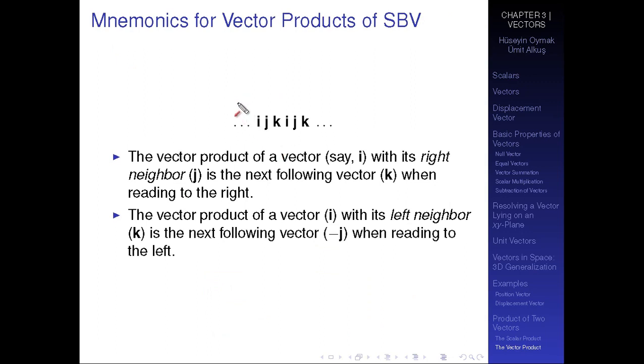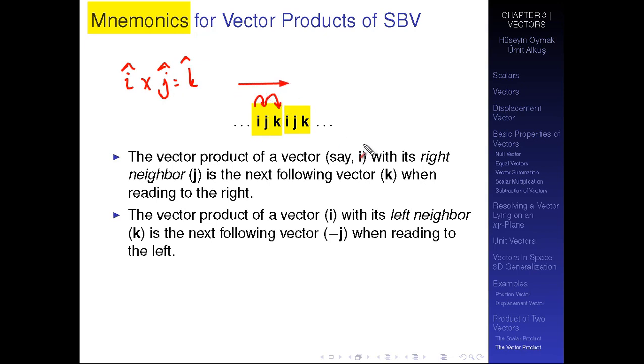In order to remember easily the two preceding equation sets, there is a good mnemonic in terms of cyclic arrangement. First, write i, j, k, again i, j, k. Then the vector product of a vector, say i, with its right neighbor j is the next following vector, k, when reading to the right.